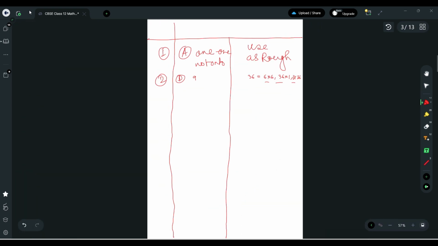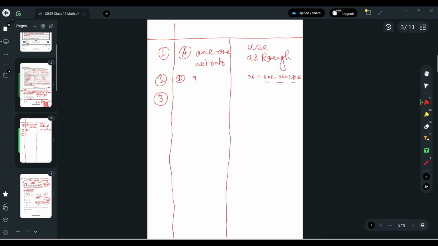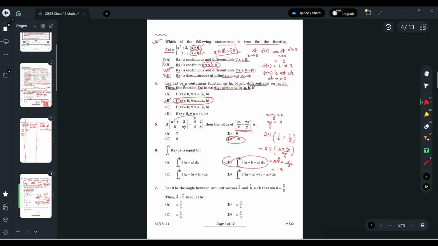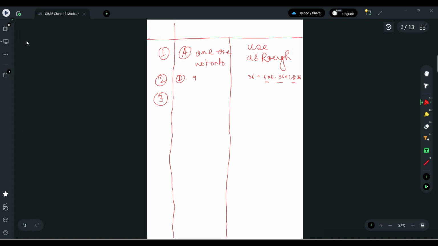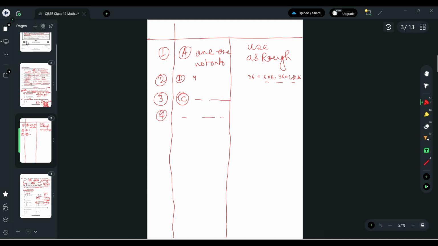That means this is 3, option number whatever. Option number C, 4b and 5d, 6b, 4c. So you can write 3c and so on like this.